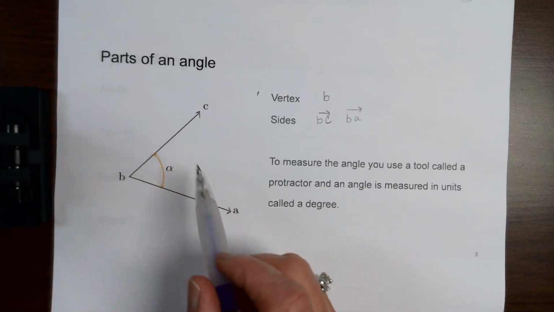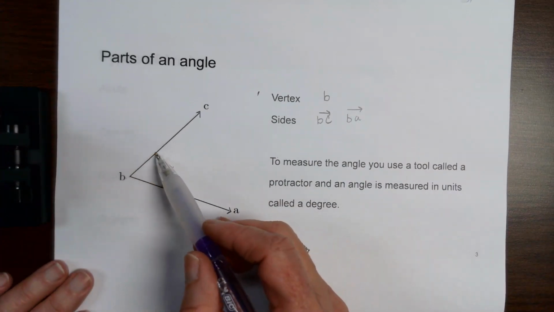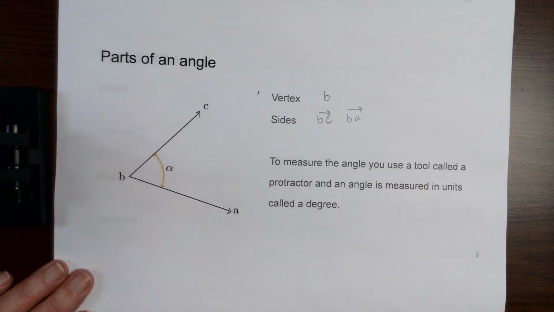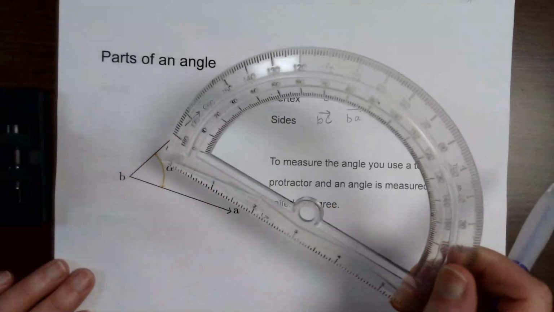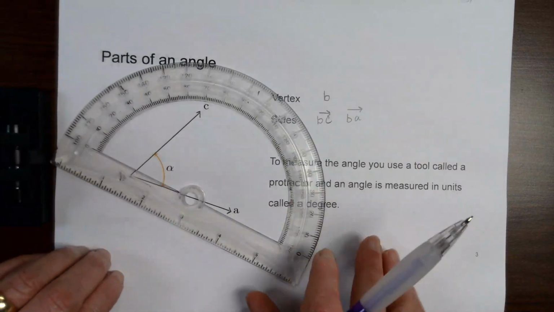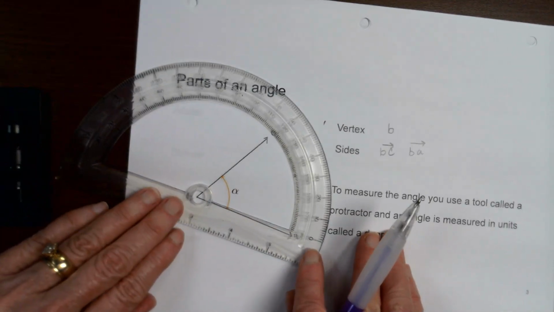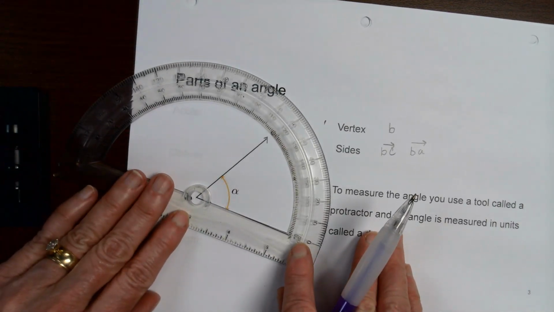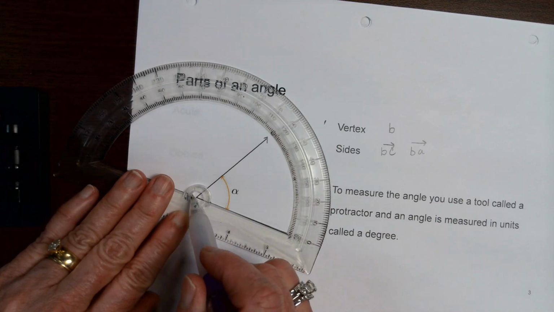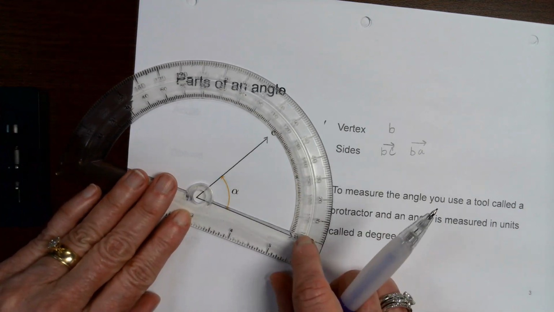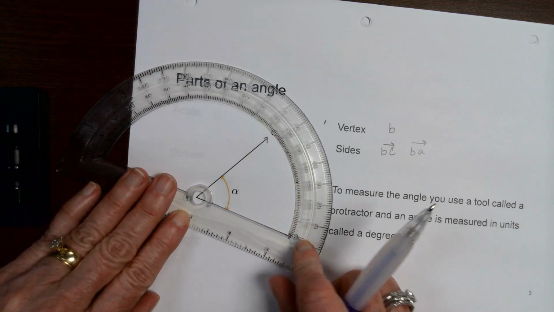Now what we want to do is we want to measure this angle, and it's always used in units called degrees, and we use something called a protractor to measure it. So what you're going to do is you're going to put your vertex on the line, line it up with a hole in the protractor. This side right here, I'm going to line it up with that.